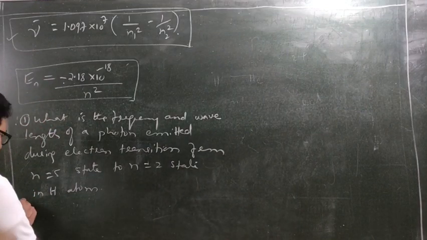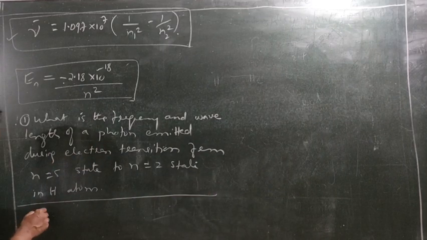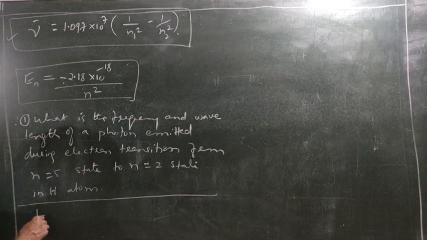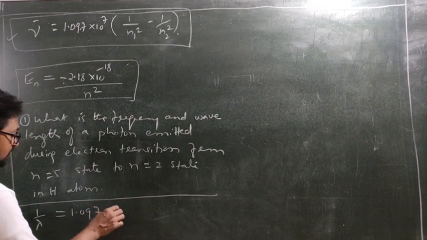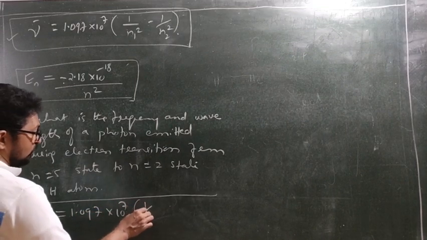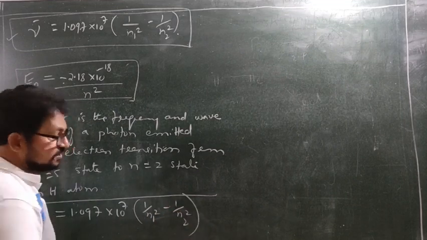So I will solve the problem. Look here. Lambda, 1 by lambda you want, is it not? Because wavelength you want. 1 by lambda is equal to 1.097 into 10 raised to 7 (1 by n1 square minus 1 by n2 square). Do you agree?